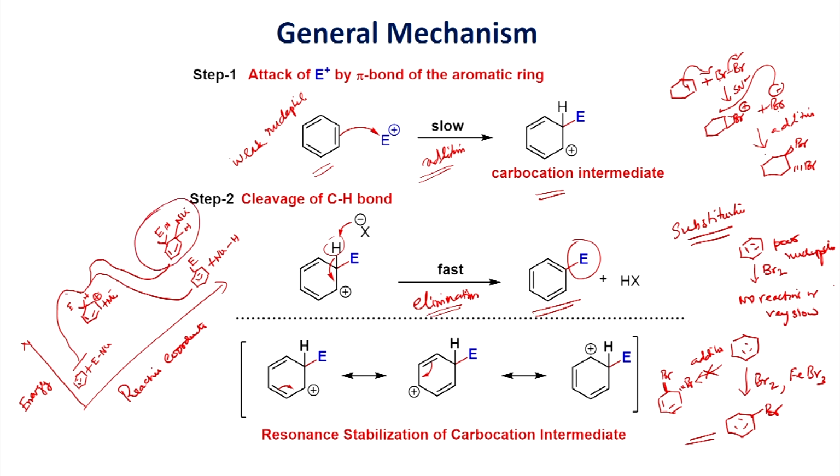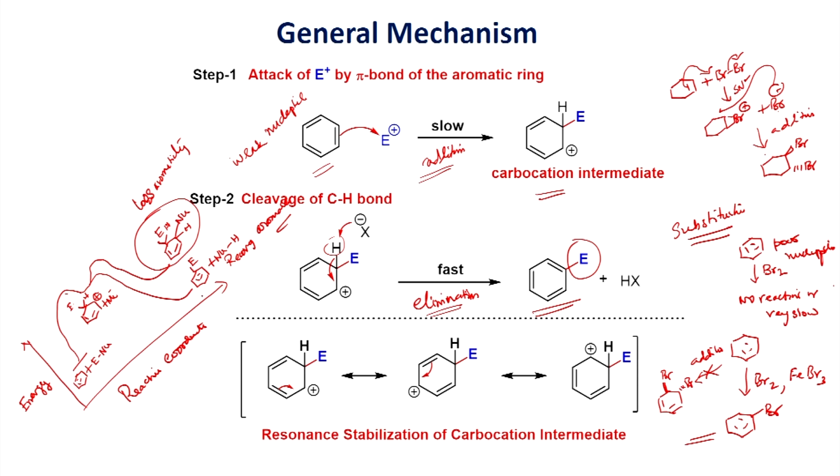Therefore, the addition reaction is not favored in the case of an aromatic system due to loss of aromaticity. But when you carry out the reaction by substitution, you recover the aromaticity. This is the more stable benzene ring, and this is the less stable carbocation.